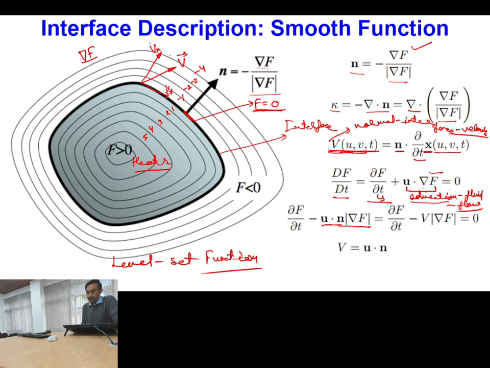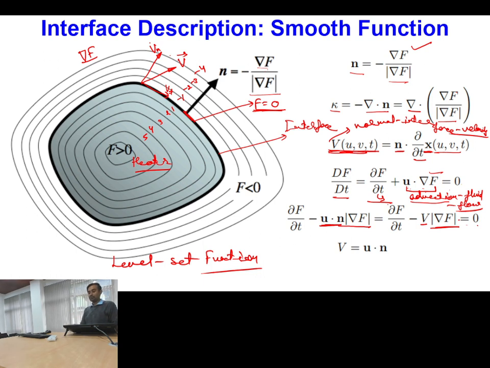Now u dot n, what will it become? u dot n will become the velocity value in the normal direction, normal to the interface. So the normal-to-interface velocity, when multiplied with the magnitude of gradient of f, is equal to 0.